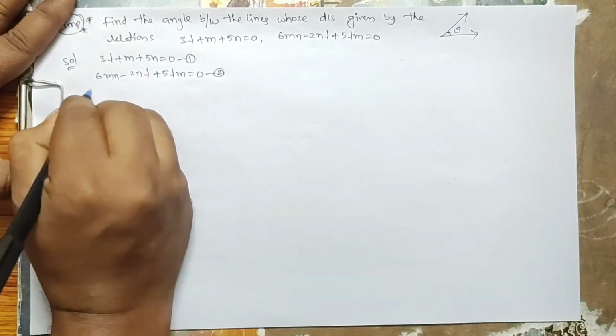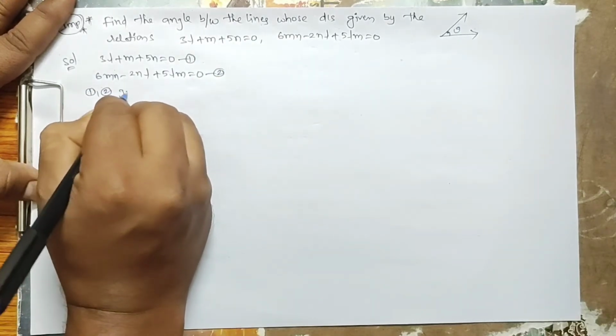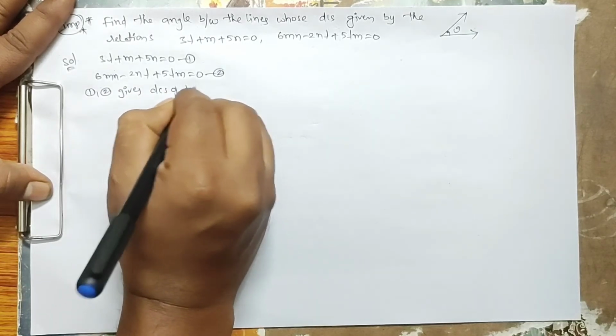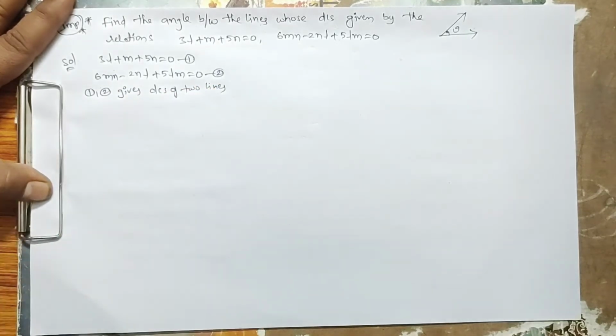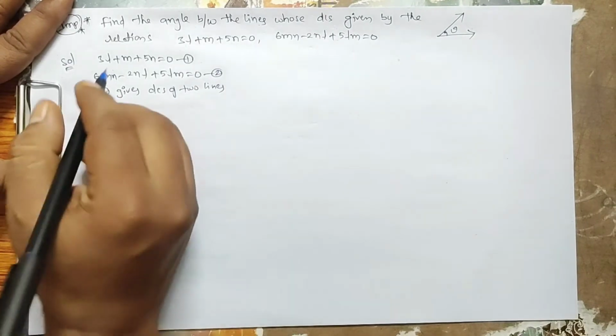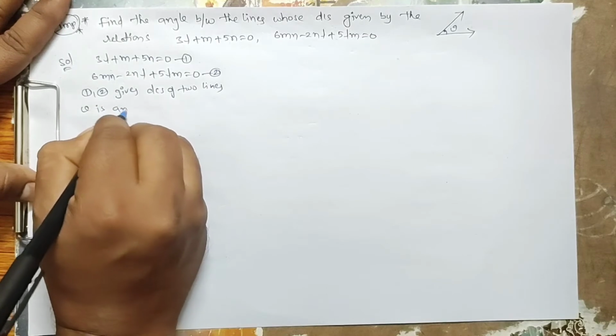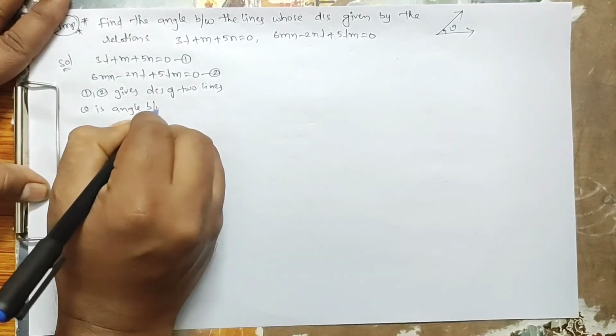Here 1 and 2 give the DCs of two lines, and take theta as the angle between them.